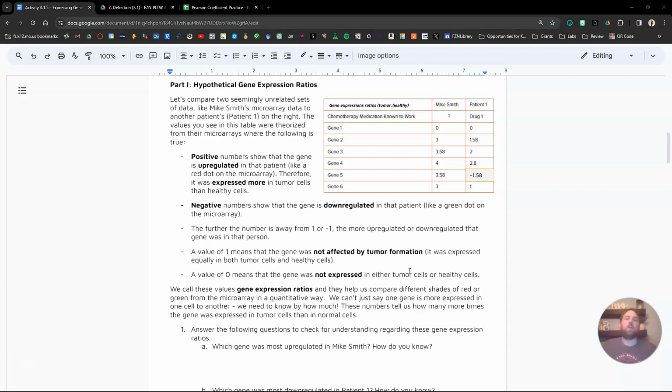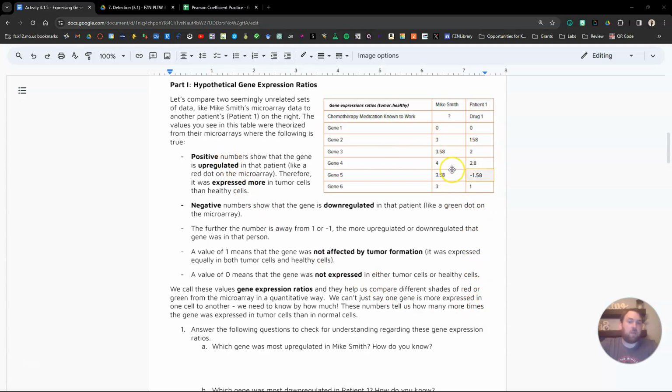So what we did was we took two patients, Mike Smith and patient 1, and we looked at 6 genes. And based on a microarray, we gave them numbers to represent how bright those colors were.